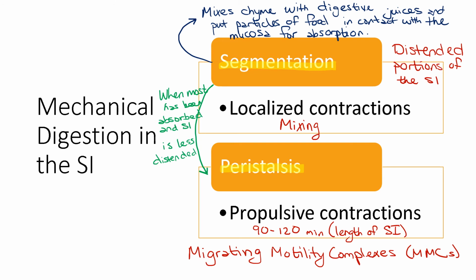Now, after this entire length has been covered by one MMC, then another MMC begins in the stomach, and then another. And so overall, chyme remains in the small intestine for a total of about 3 to 5 hours.